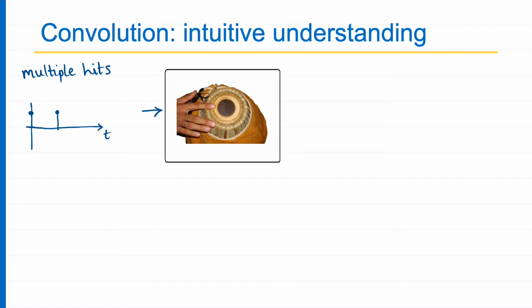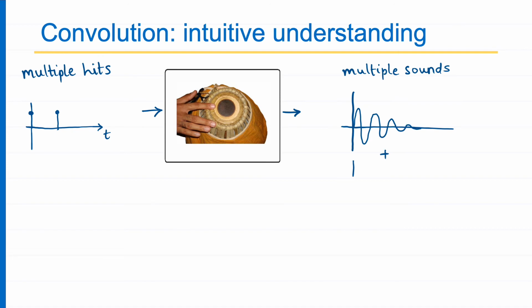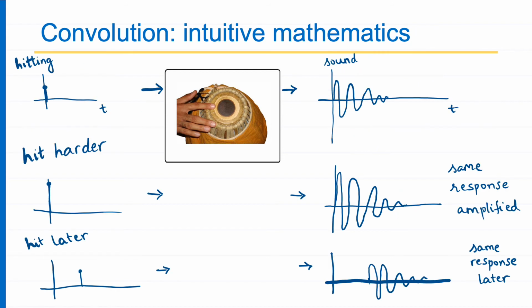If I hit the head twice, once at 0 seconds and then another at 2 seconds, I will get multiple sounds, right? I will hear it twice. Since this is a linear system, I can simply add the two responses. The first sound and the second sound with a delay both get added, and what I hear is the sum of these two. So my y is basically the sum of these two signals.